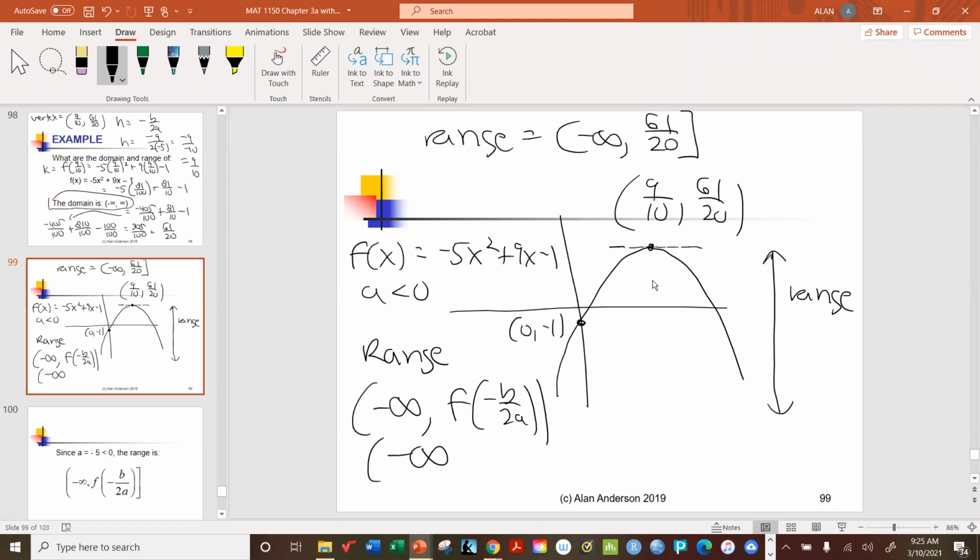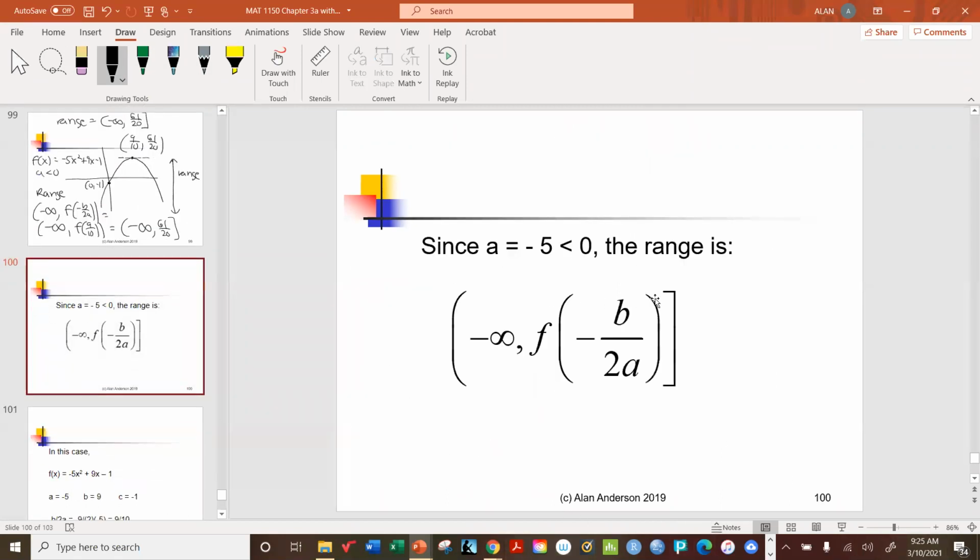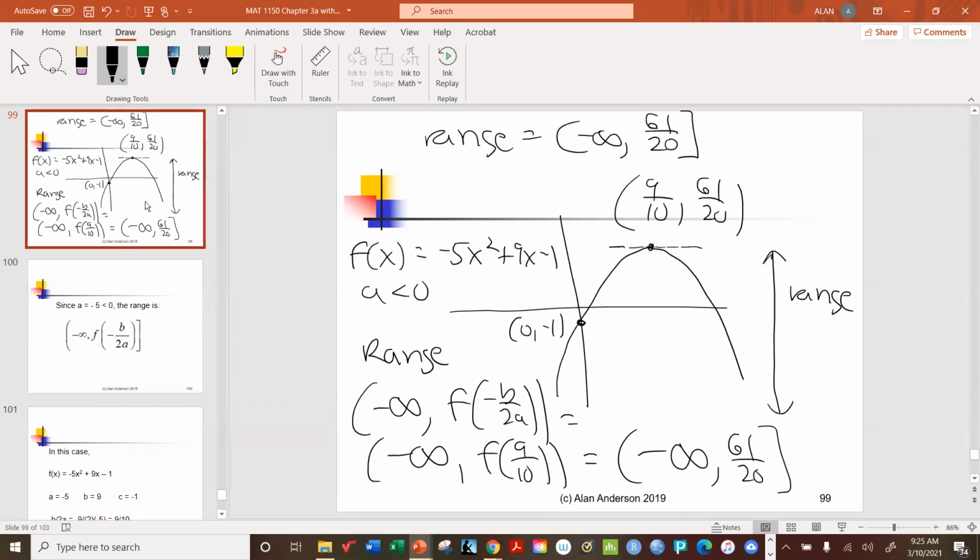So we already know that this would be f of 9/10. And that would just end up being negative infinity up to 61 over 20, including 61/20. Okay, and in fact, the formula here does indicate that this bracket means it includes this number and then everything down to negative infinity.